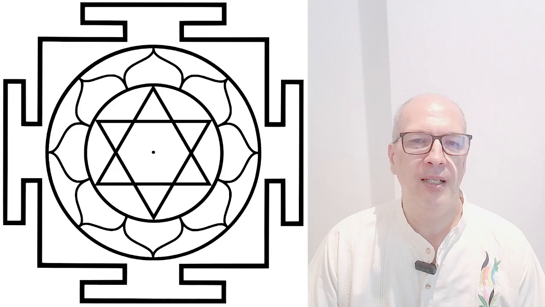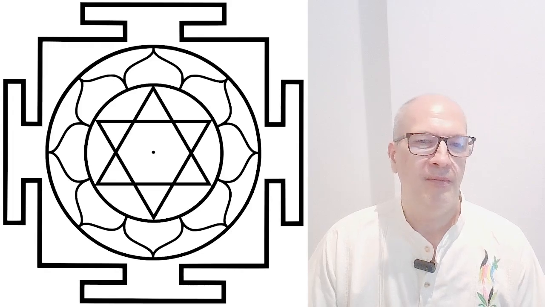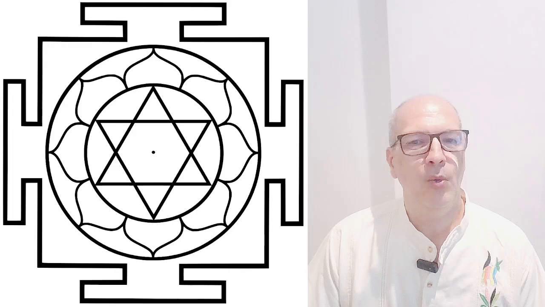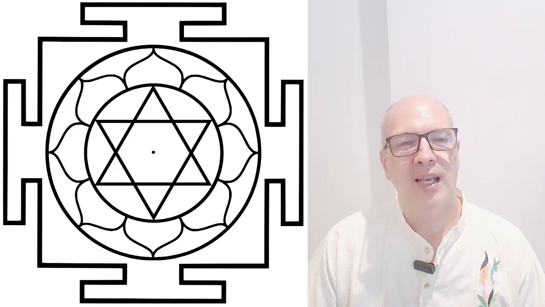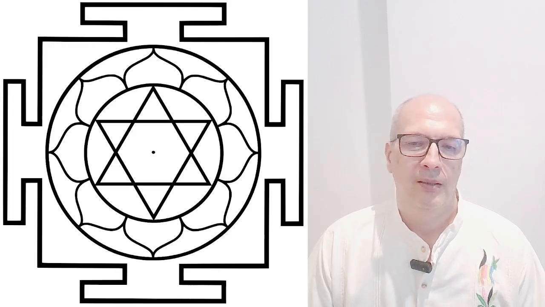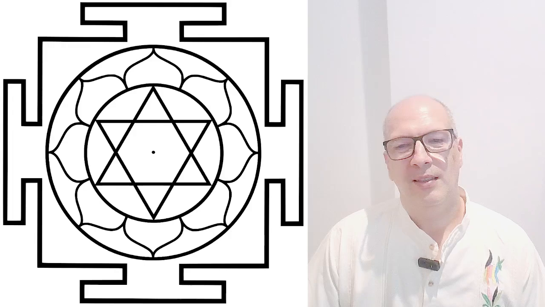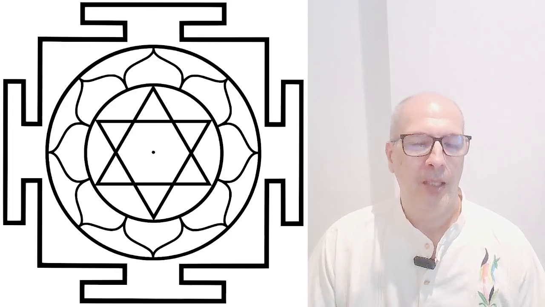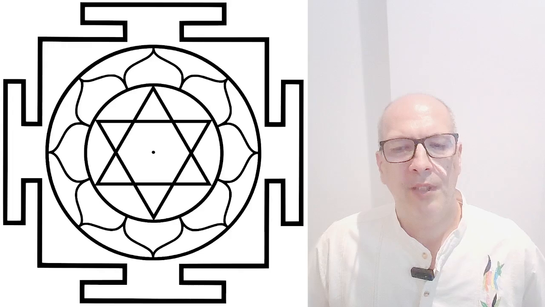Puryashtaka means the city with 8 entrances or 8 openings. And it's a direct reference to the body.